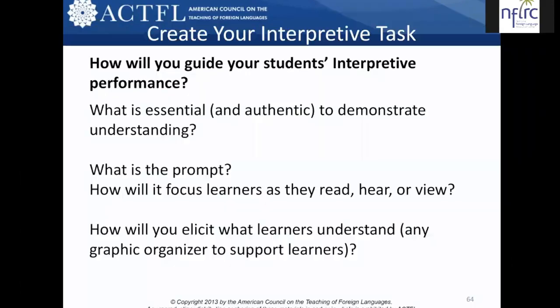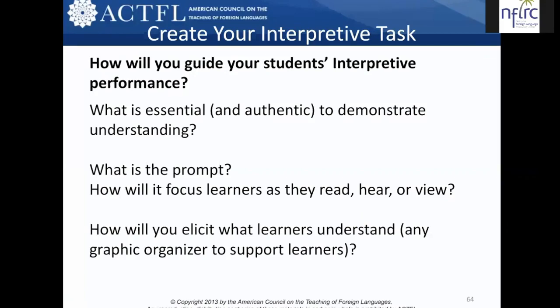your students. Looking at the interpretive task, the question with the interpretive task is to look at the authentic sources. That is, I would say, a real strength in the online classroom, because that is where we're going to get most of our authentic resources.